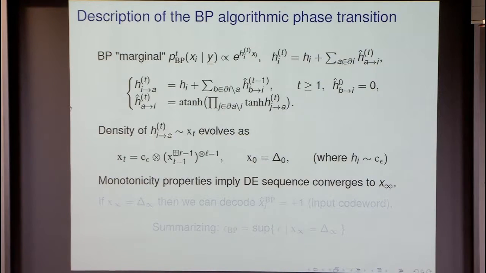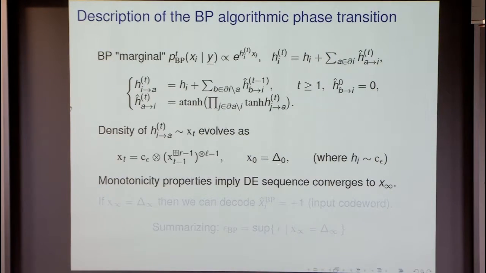It's just the density of the messages along the graph, and this density satisfies the density evolution equation, which in fact is written here in a rather abstract way, but what it means here is that you make a convolution l-1 times that corresponds to this sum here, and then there is another sort of boxed convolution operation r-1 times that corresponds to this product of hyperbolic tangents and arctangent here. And then there is a final convolution with a channel density, which corresponds to the sum of h_i plus the rest here. Okay.